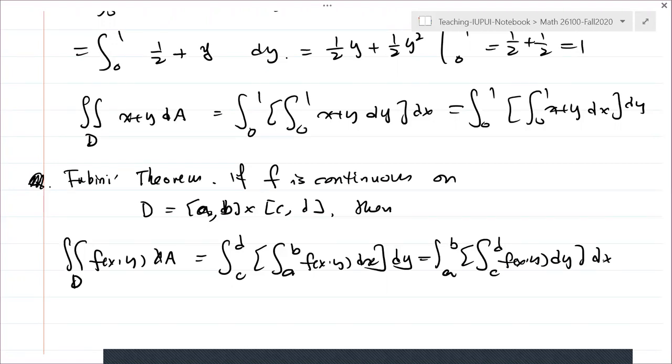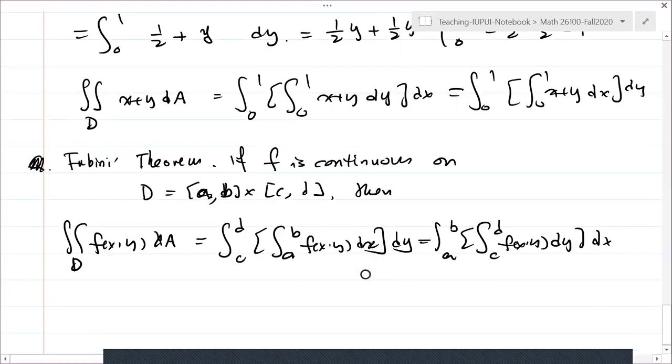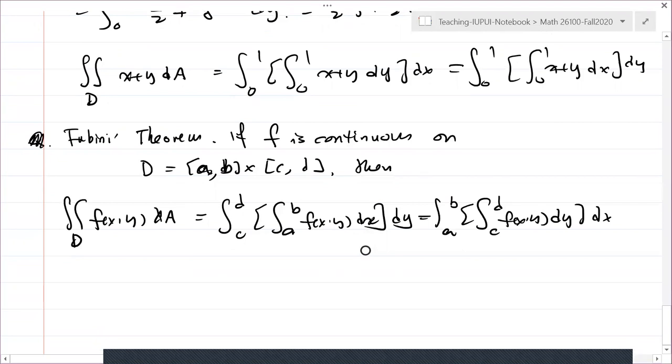And for simple functions, you can find the limit of them. But for complicated functions, you cannot evaluate the double integral using the limits, because it's harder to find the limit, okay? So what you do is use ideas from calculus 1 to evaluate the single integral twice, with respect to x and with respect to y, okay? That helps you a lot, okay?